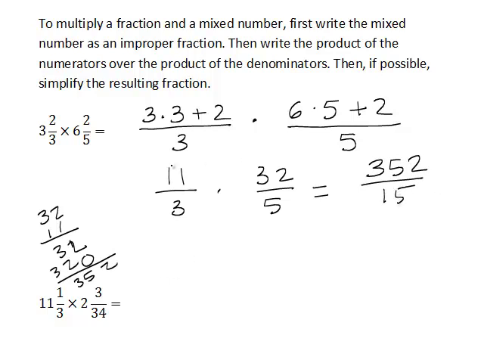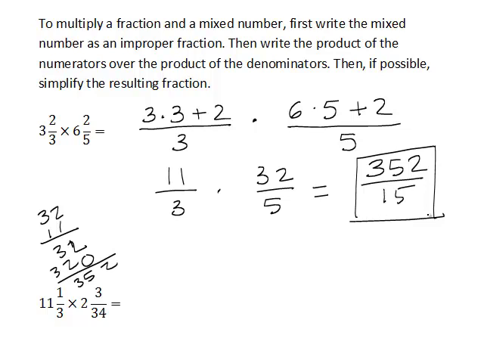Now, looking back here, I can see that I don't really have any common factors. 3 does not go into 32 evenly, as well as 5 doesn't go into 32 or 11 evenly. So we actually have a reduced fraction here. So 352 over 15.